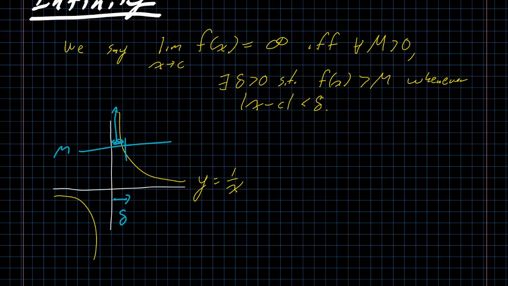Unfortunately, it's not the only way of defining a vertical asymptote, because an astute viewer will notice that, if we're over here, we're definitely not above M, we're actually way down there instead.